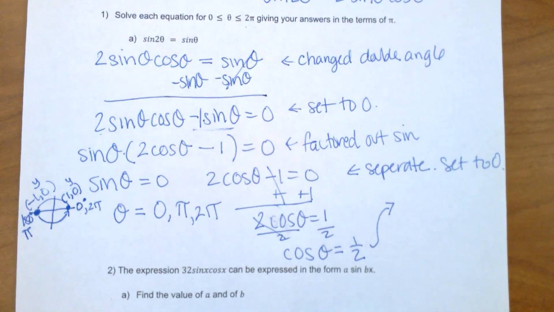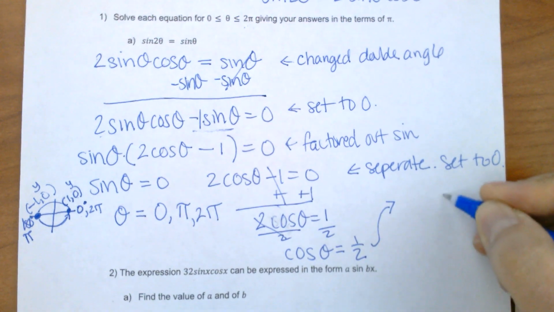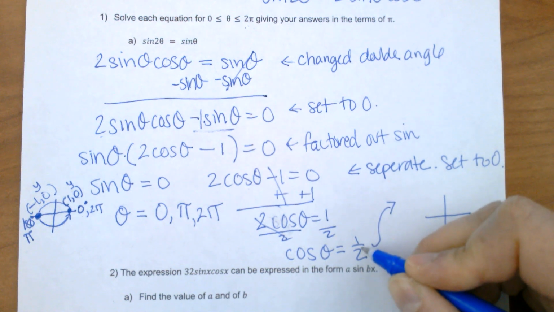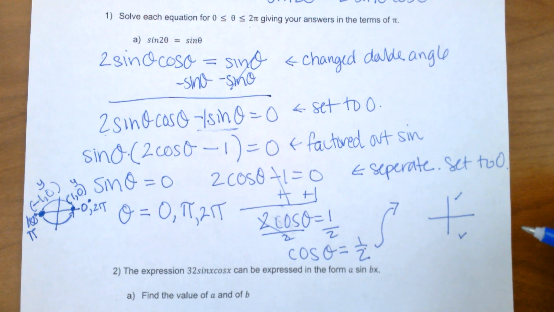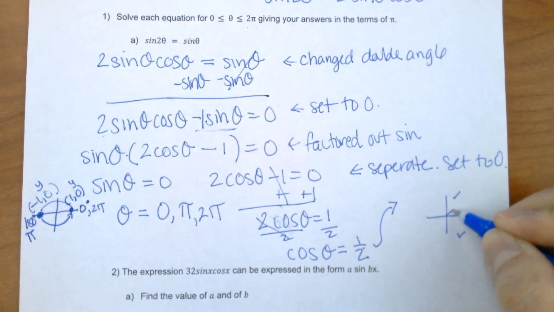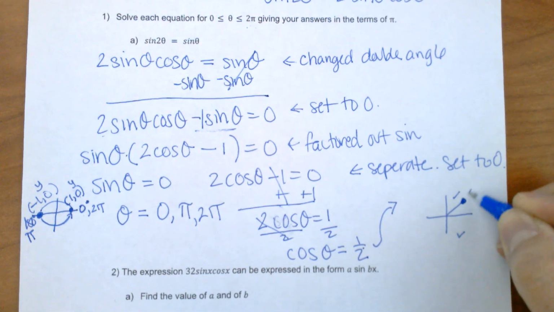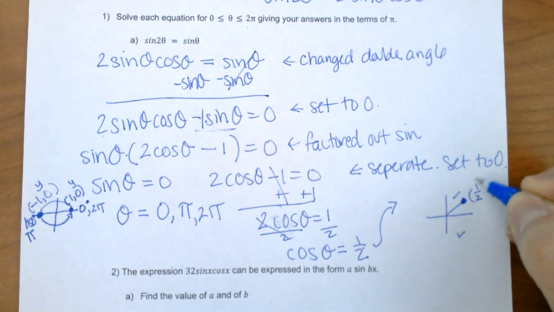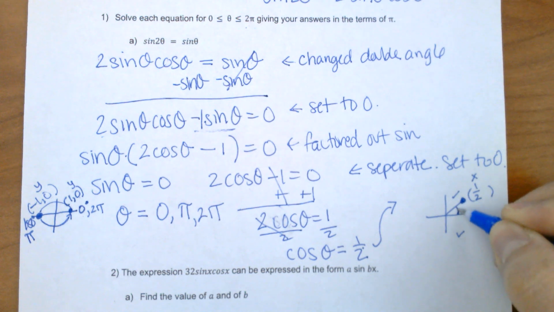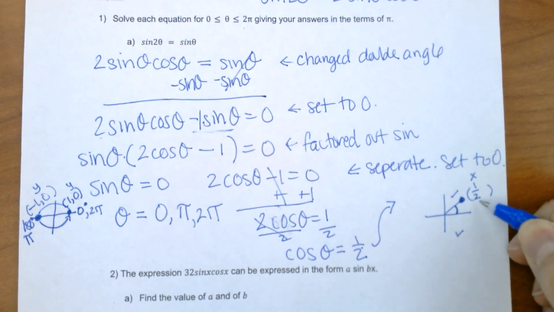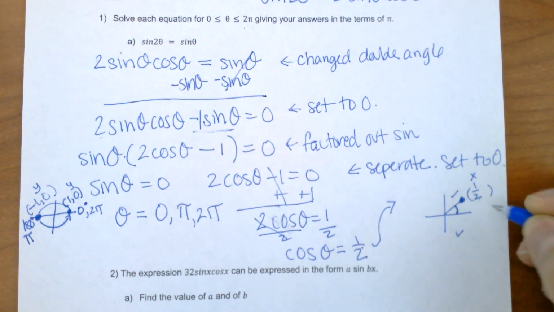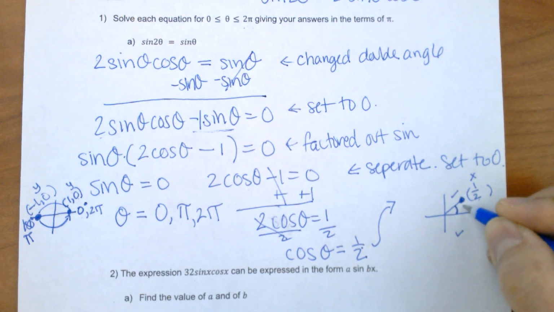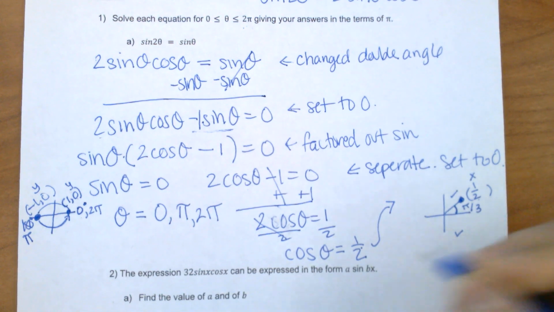Now, if I use my unit circle, I need it positive, so I'm going to need it in the first quadrant and the fourth quadrant because remember, cosine is x. I'm looking for the angle measurement of the point where cosine is 1/2. That's the x value. What angle measurement has an x value of 1/2? That's what this is asking. And you're going to find that it's 1/2 at 60 degrees, which is pi over 3.